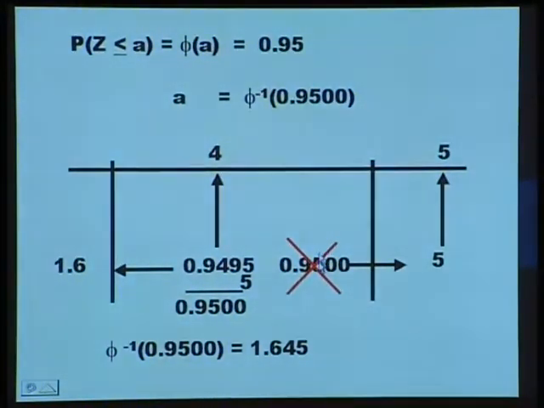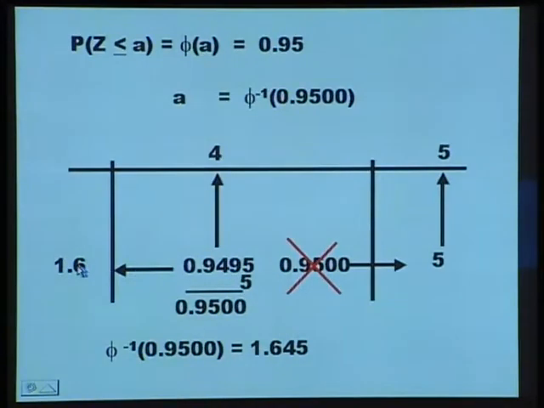1.645. So remember, if a value of phi does not exist, we always take a value of phi which is smaller but closest to it. Then we find in the third column the value that we must add to this value of phi in order to get the value of phi that we wanted and which doesn't exist.